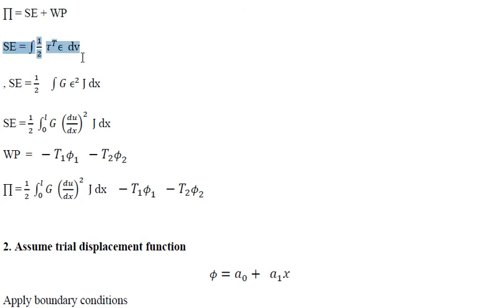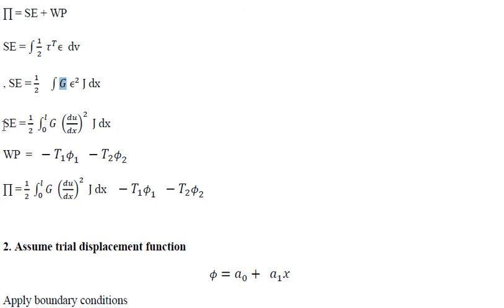Strain energy is given by half into the integration of half into tau, because it is shear stress induced, into epsilon, or we can take shear strain. So if we replace tau by shear strain, it will be G into epsilon square.